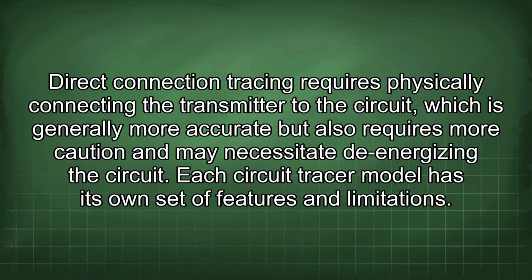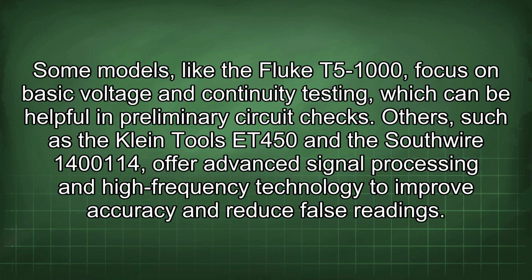Each circuit tracer model has its own set of features and limitations. Some models, like the Fluke T5-1000, focus on basic voltage and continuity testing, which can be helpful in preliminary circuit checks. Others, such as the Klein Tools ET450 and the Southwire 1400114, offer advanced signal processing and high-frequency technology to improve accuracy and reduce false readings.